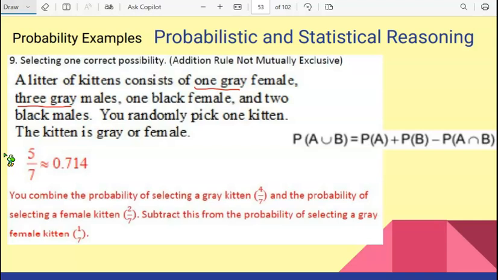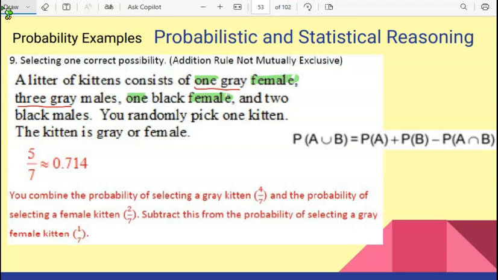And the probability of selecting a female kitten. There's 1 female here, 1 female here. So that's 2 out of 7 total kittens.